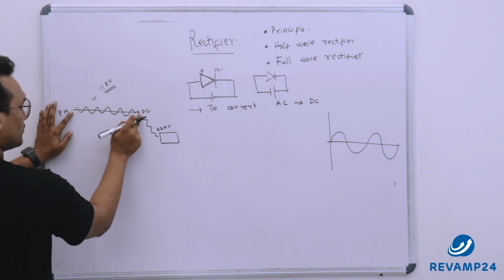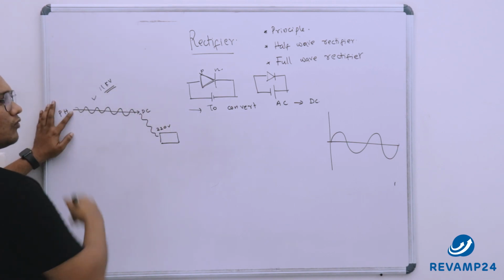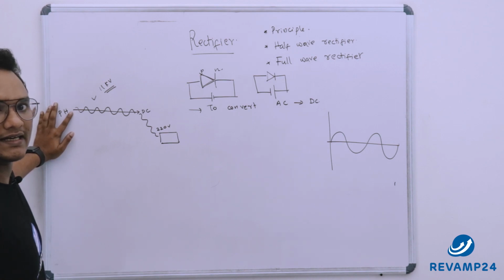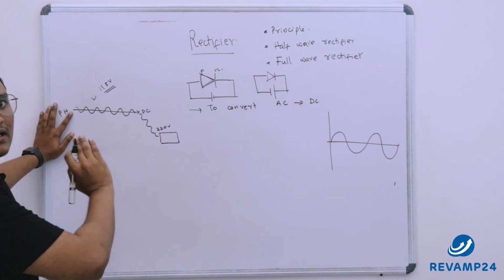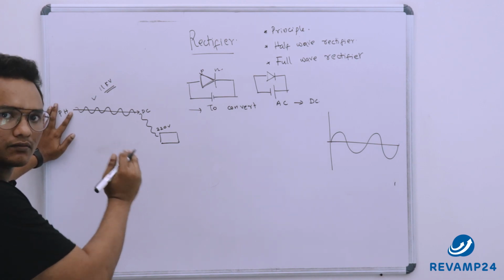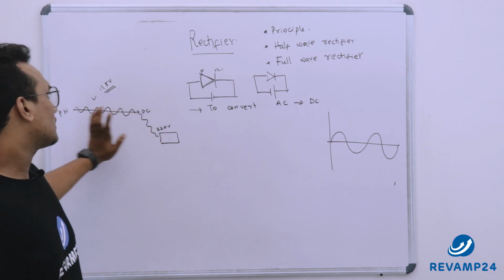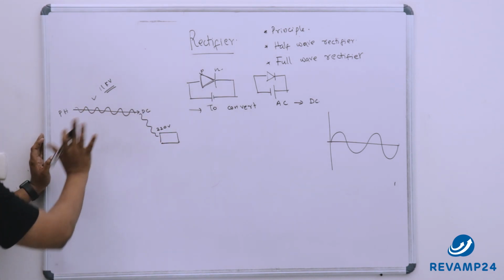So in this distribution line, current with the frequency of 50 Hz is sent at high voltage, and we have learned why we are sending at high voltage. The reason is, higher the voltage, lesser would be the current, and thereby the power lost during transmission, that is from powerhouse till the distribution center, would be less.